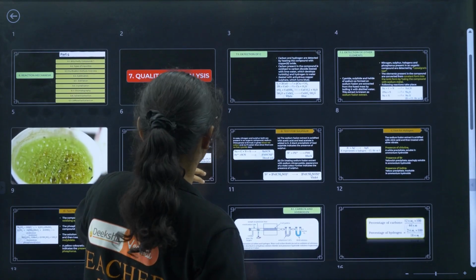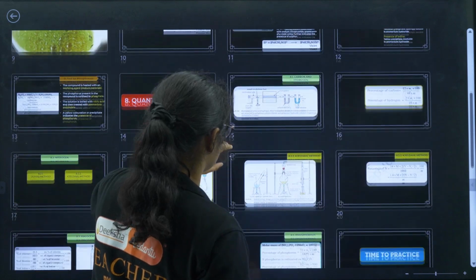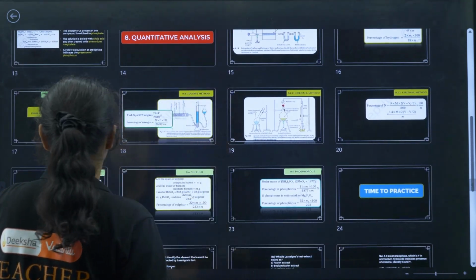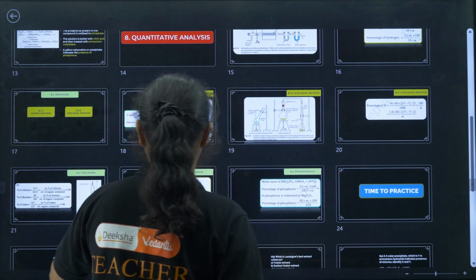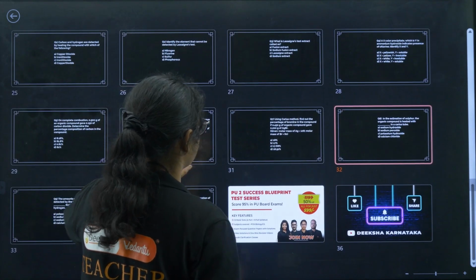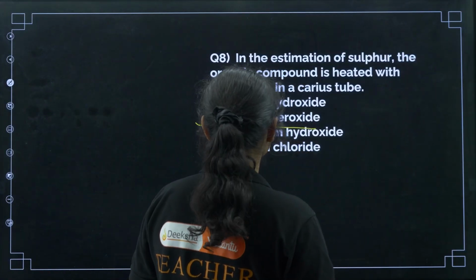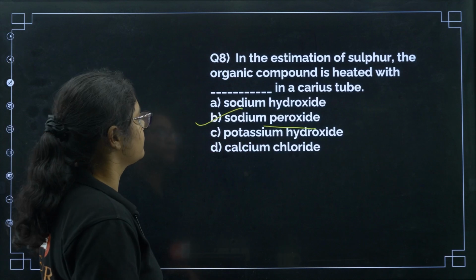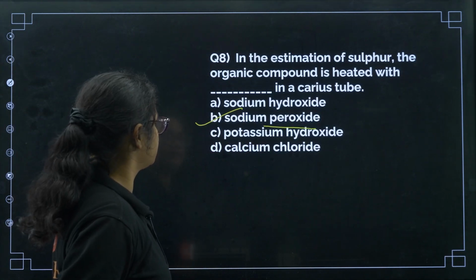So where we have done halogens, phosphorus, yes, here it is sulfur. It is heated in the presence of sulfur to convert it into other group.